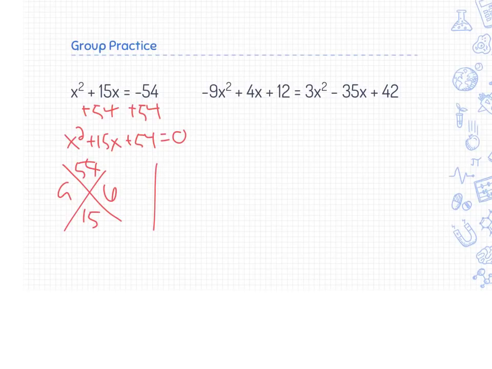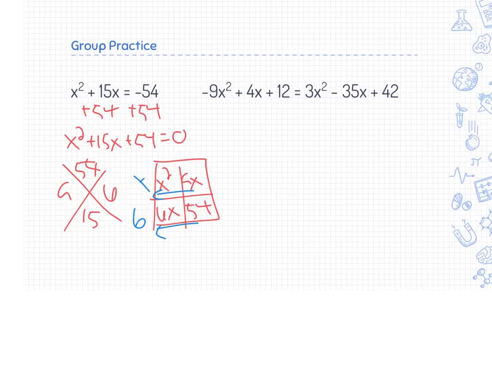Go with our box. We get x squared, 9x, 6x, and 54. Do our GCF, so I get 6 here. We get x there, we get x there, and 9 there.